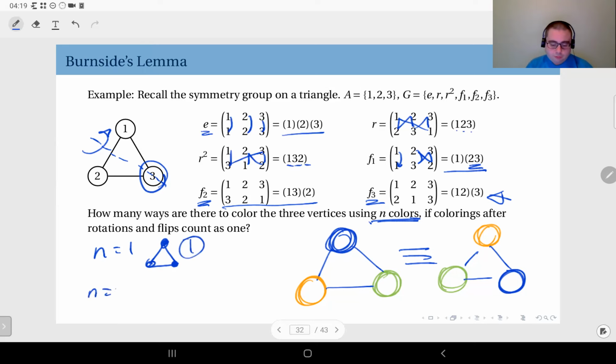If n equals 2, then you have 2 colors, so maybe you can color all of them by one of the colors, or maybe you can use the other color, or maybe you can use this one in one vertex and the other in 2, and you can use this one in 2, like so.